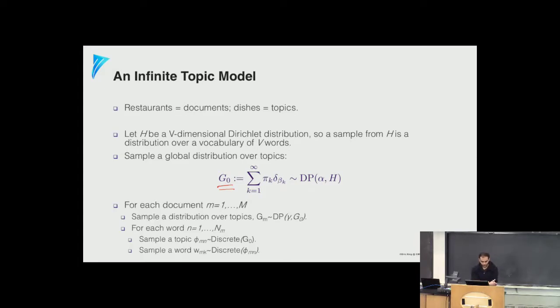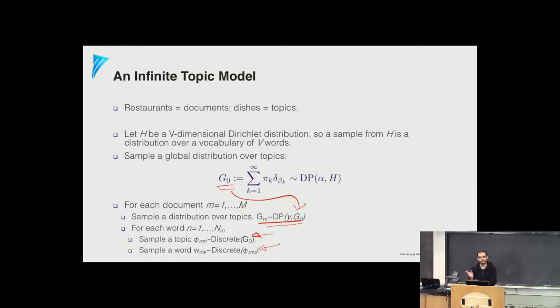And then for every document M, we're going to sample first the distribution over topics, which is going to be an infinite distribution. It's going to come from a Dirichlet process with a base measure that we just sampled beforehand. And then for every word in the document, we're going to sample first a topic, and after we sample the topic, we're going to sample the word from that topic, because every topic is a distribution over the words.